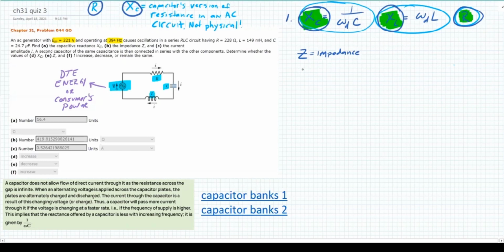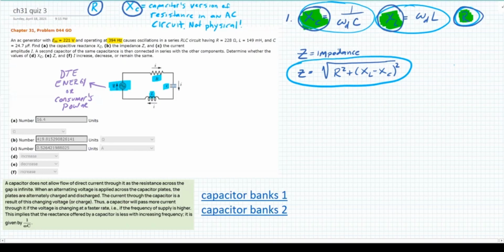It's given by this expression: Z equals the square root of R squared plus XL minus XC squared. That's the other huge introduction. This is impedance, the net result of resistances from the capacitor, the inductor, and the resistor.